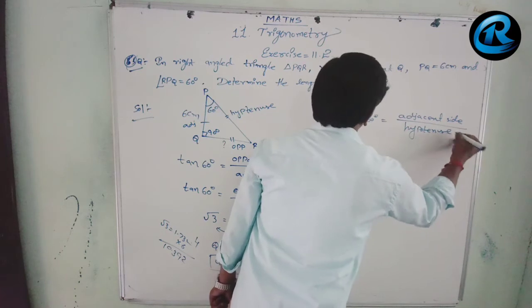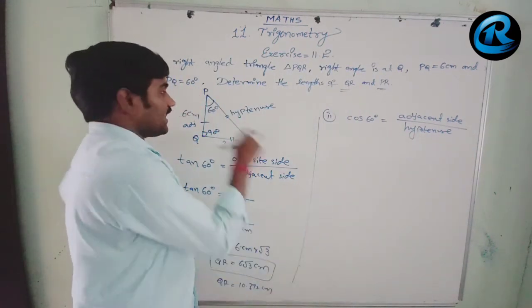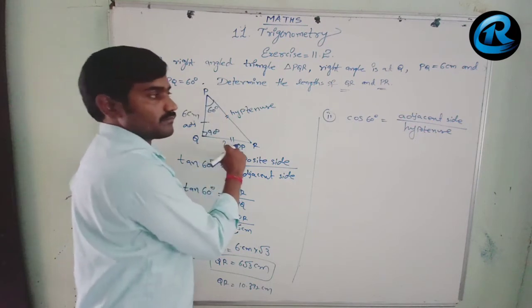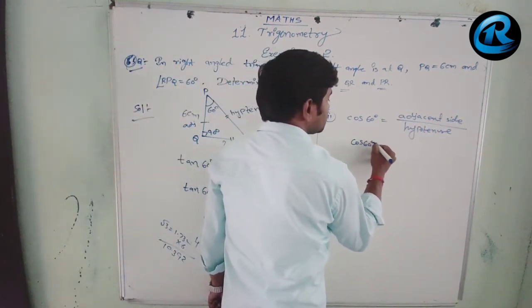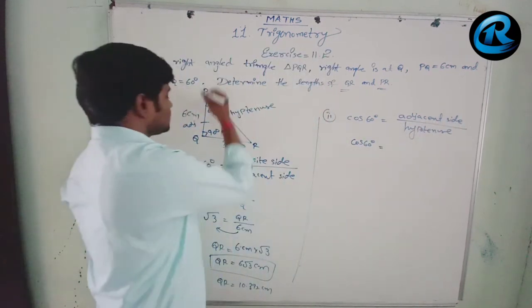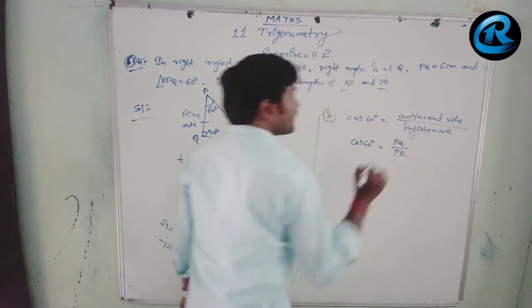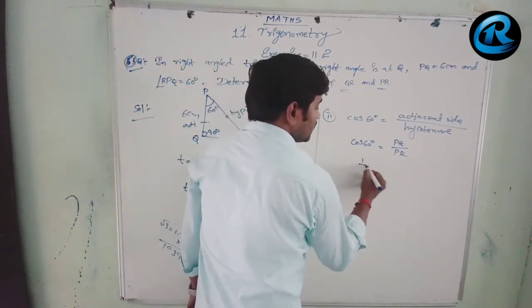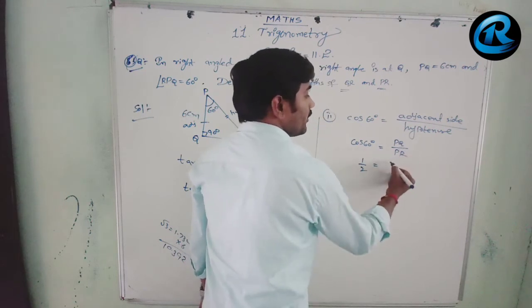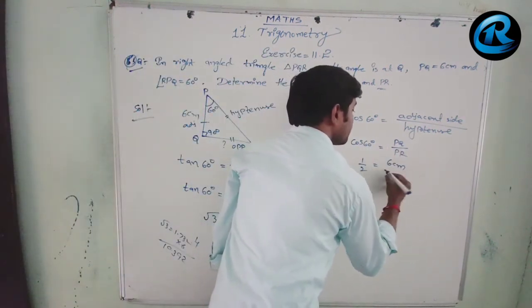So we need to take the hypotenuse definitely, and the adjacent side is given in the question only. Cos 60 degrees equals the adjacent side PQ by the hypotenuse PR, which we need to find. Cos 60 degrees, that is 1 by 2, equals PQ, which is given as 6 centimeters, by PR.